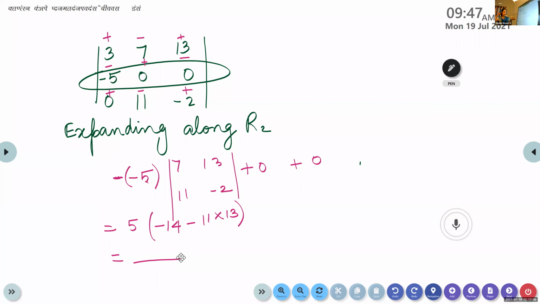Here it is not given that you have to expand along a particular row, but you can think and expand along the row where we have the maximum number of zeros. So our expansion will be easy. Yes, ma'am.